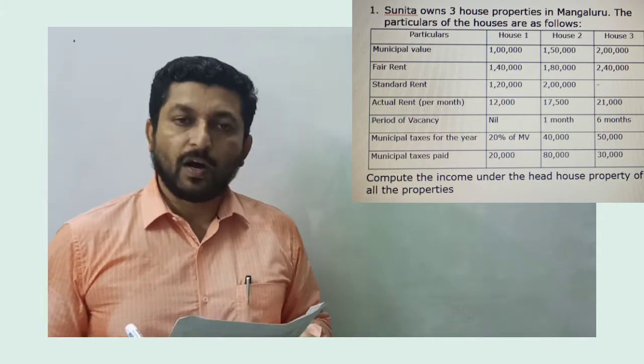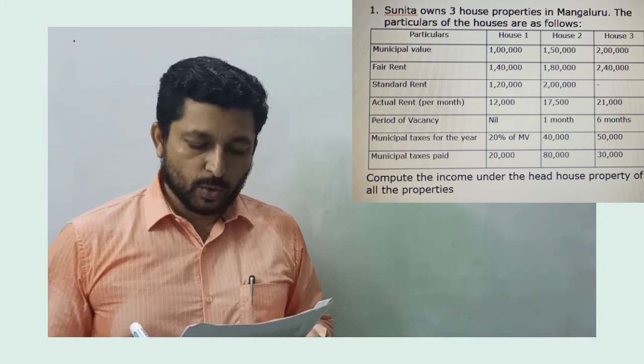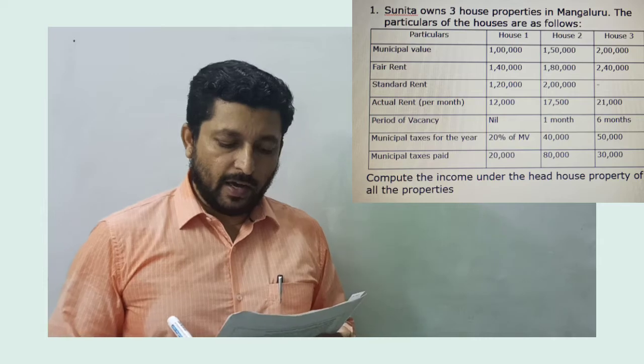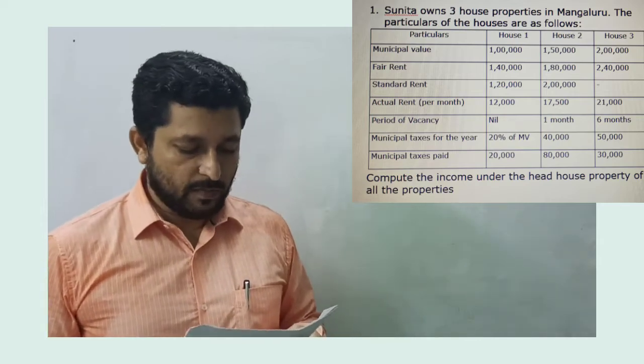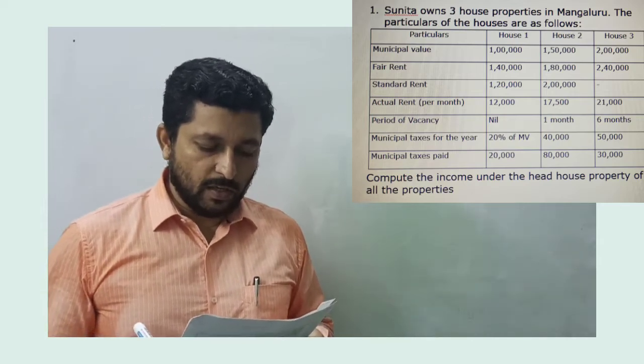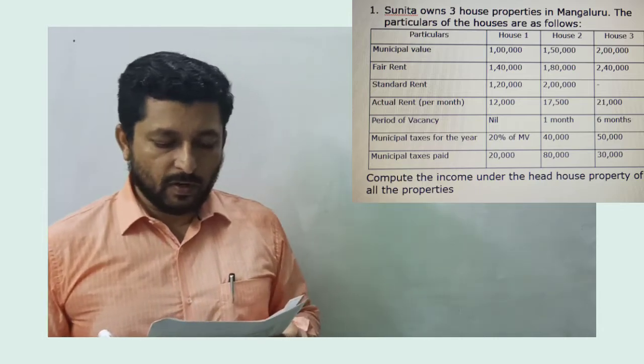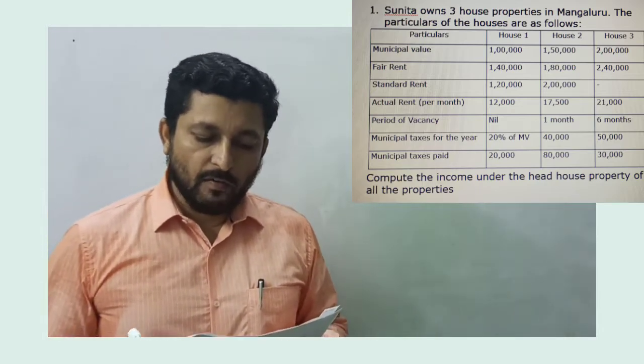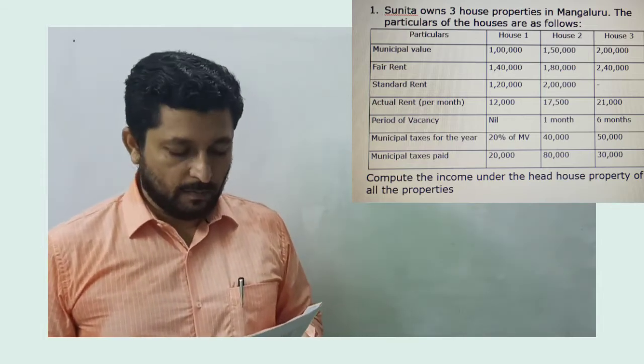Period of vacancy for house 1 it is nil, for house 2 it is 1 month and house 3 it is 6 months. Municipal taxes for the year, it's given 20% of municipal value for house 1, 40,000 for house 2 and 50,000 for house 3.